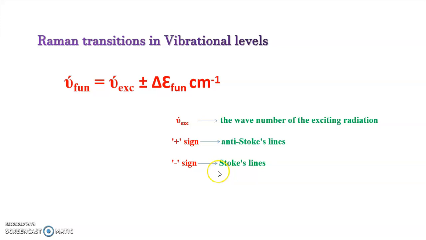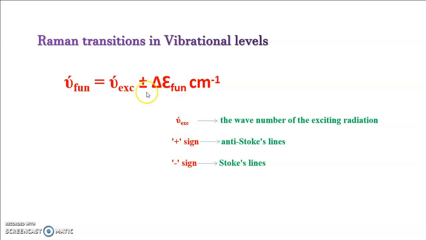That is, the minus sign or Stokes lines indicate that the molecule takes up some energy from the incident radiation for the vibrational transition, so that the energy of the scattered line, the fundamental Raman line, will be decreased compared to the excitation line.